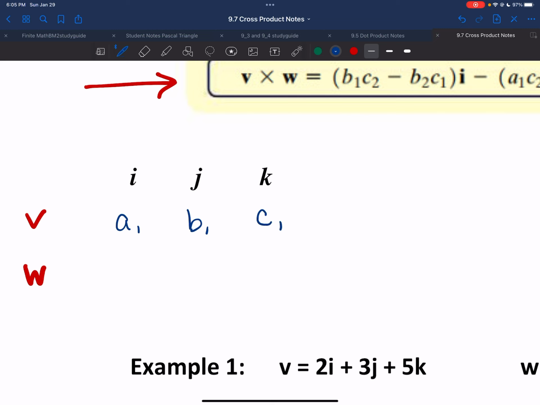That represents the parts of that vector. It's a three-dimensional vector. And W is going to be represented by a2, b2, and c2.